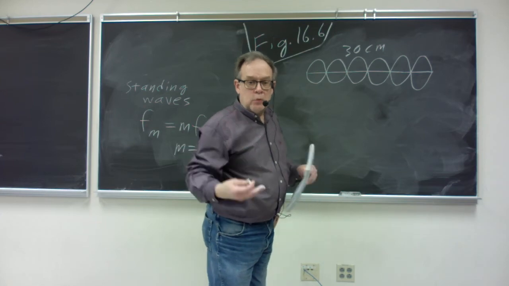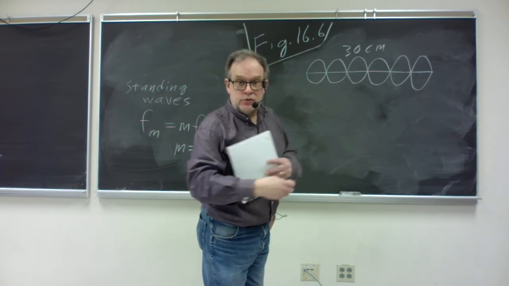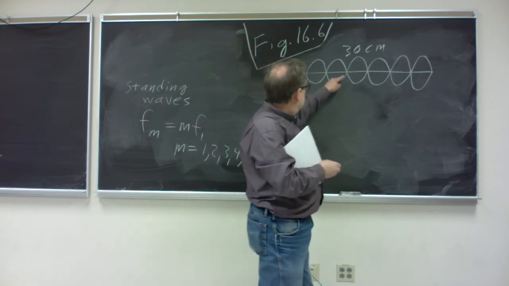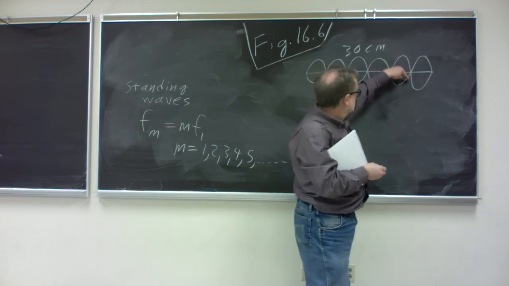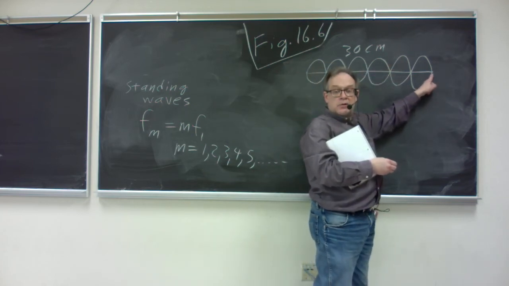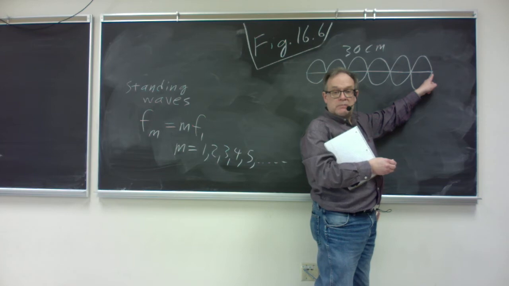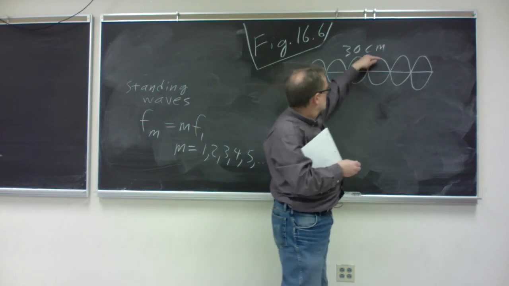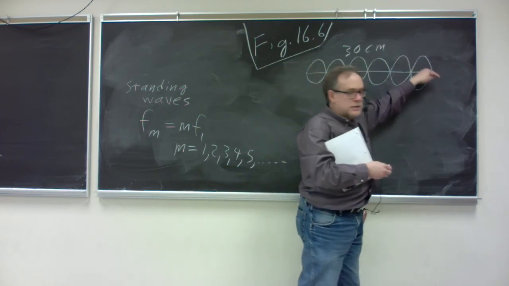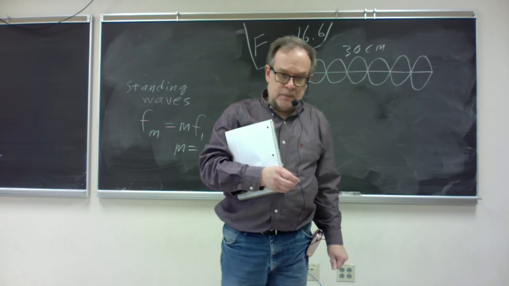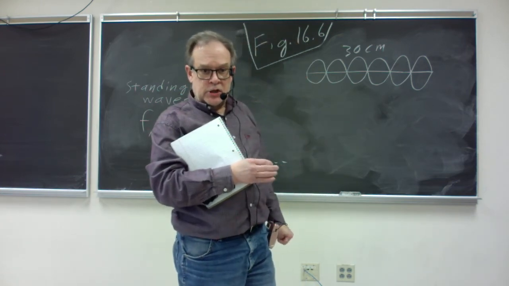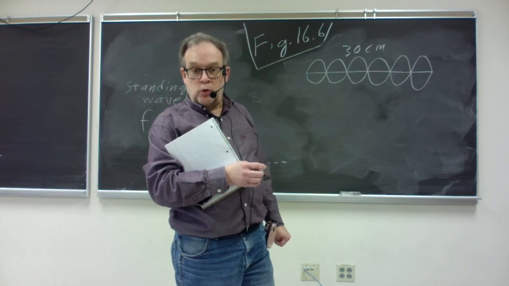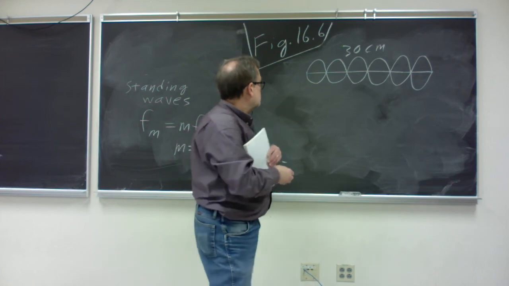At one moment in time, when every oscillating bit of string was at its maximum displacement away from equilibrium, the string would look like this. And then half a cycle later, when everything was at its maximum displacement on the other side of equilibrium, the string would look like this. So those two snapshots show the space within which every point on the string will oscillate.